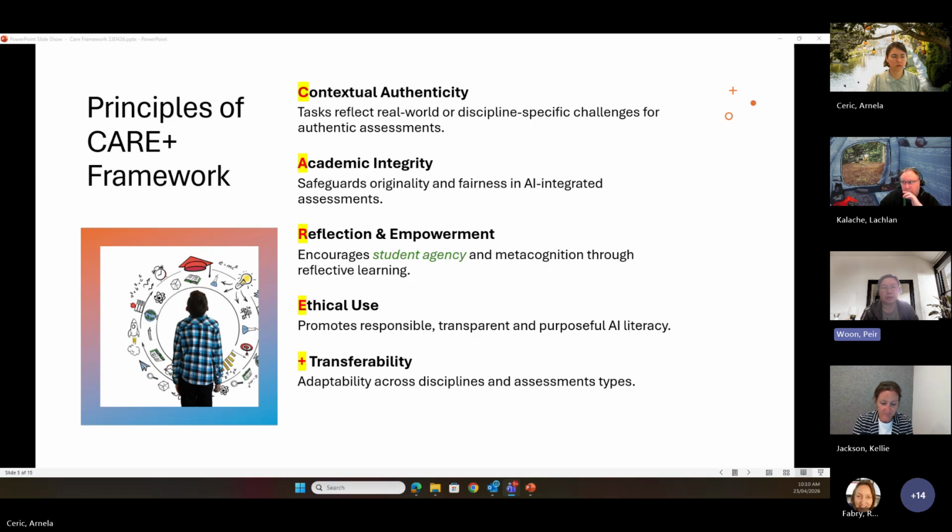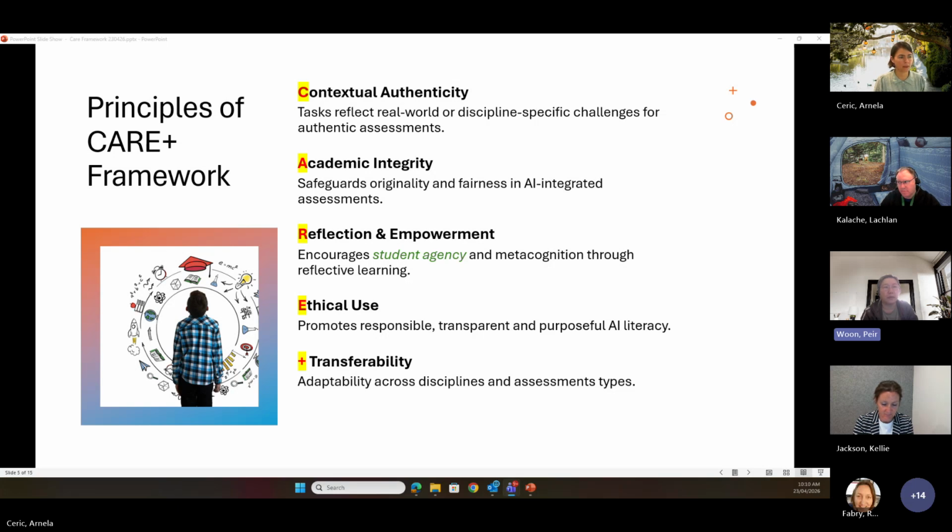On reflection and empowerment, we try to shift the agency and responsibility or ownership of learning from the teacher or lecturer to the students. We want them to think about and be consciously aware of their thinking process when they interact with AI. So the metacognition happening there.